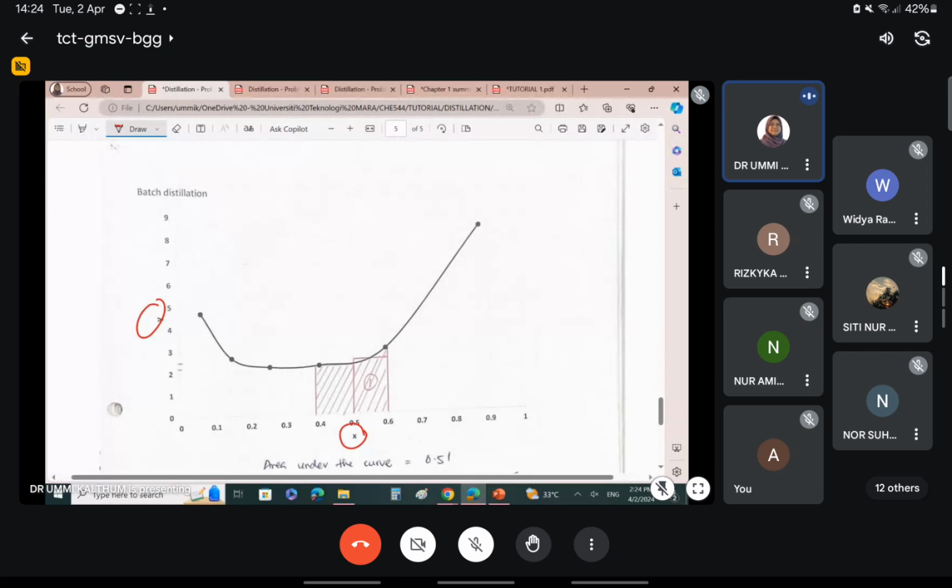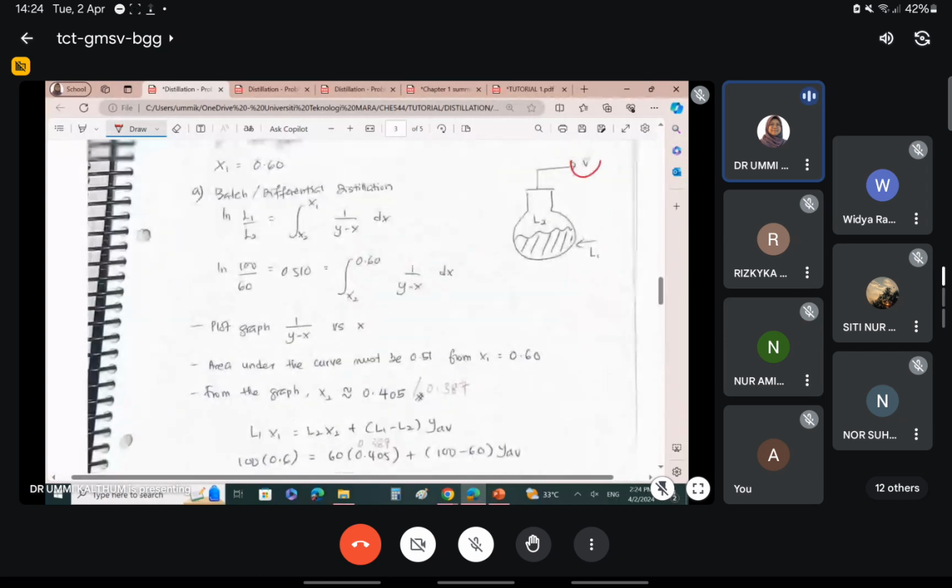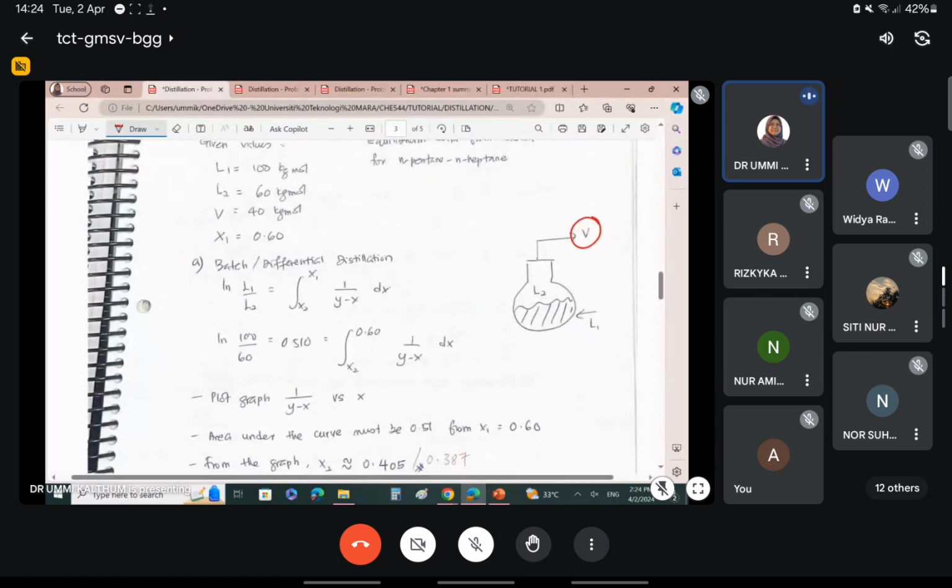For batch or differential, we use Rayleigh. The Rayleigh equation is ln L1 over L2 equals the integration from X2 to X1 of 1 over Y minus X dx. Substituting L1 100, L2 60, we get ln equal to 0.51. So integrate from X2 to X1 0.6 of 1 over Y minus X.